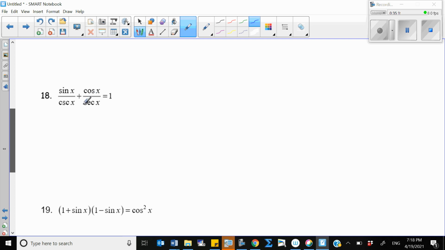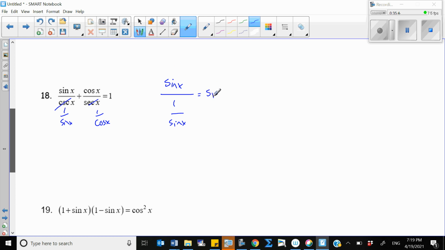For this question, it's better if you just replace cosecant with 1 over sine of x, and this one with 1 over cosine of x. And we know that if we have sine of x over 1 over sine of x, this is division of fractions.